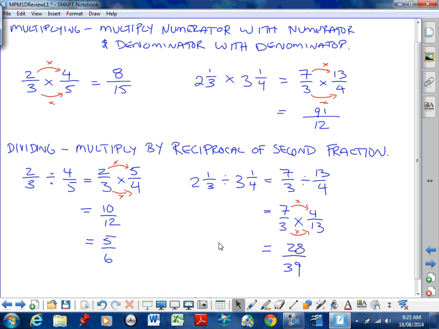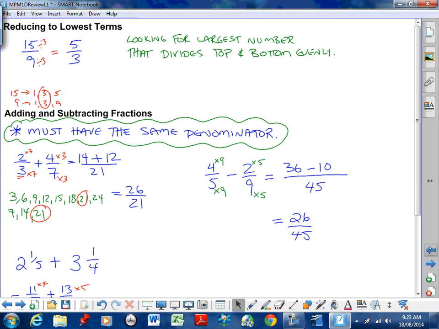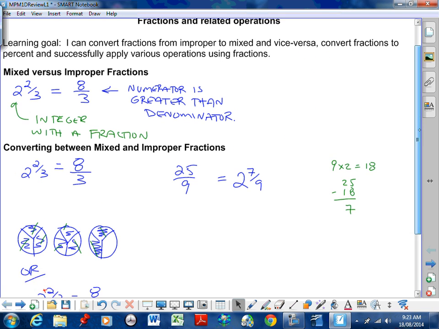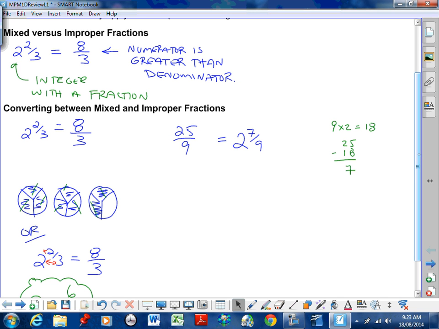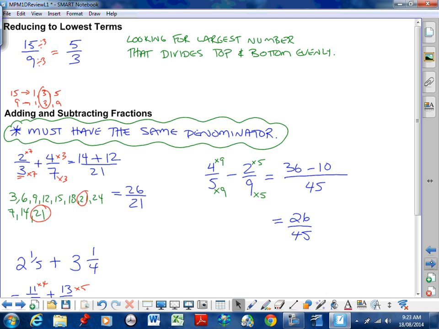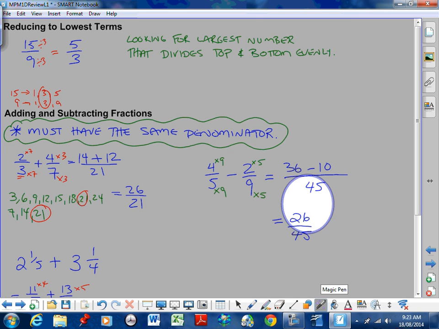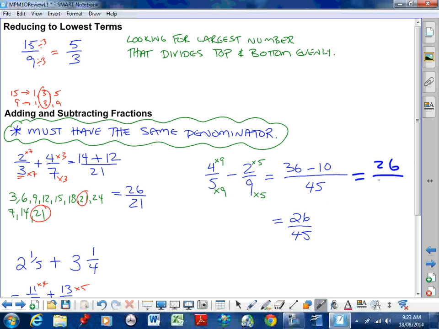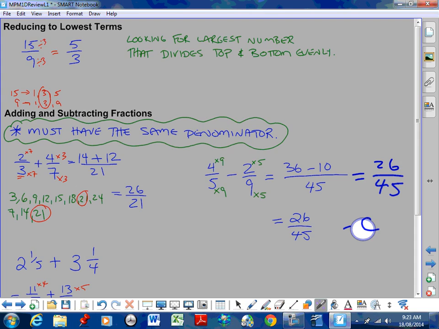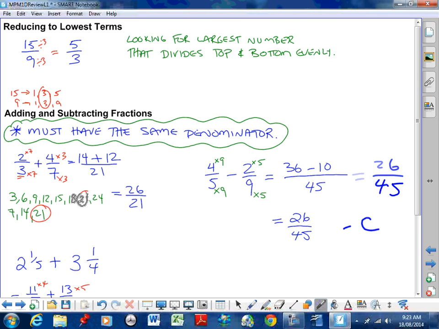Some people are going to rattle through this pretty quick. A couple of things I want you to keep in mind when you're going through and doing the homework. When you take a note from the video, I am demonstrating proper mathematical form. So one of the things I want to point out is one equal sign per line. I don't want to see equals 26/45 because that will deduct your communication mark, which is part of your overall mark.